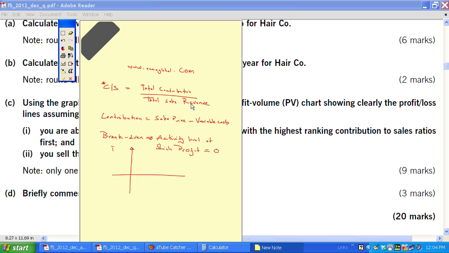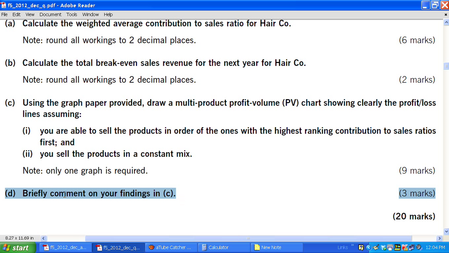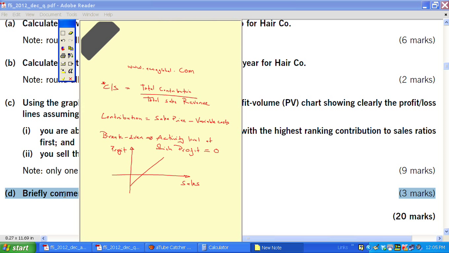On one axis you're going to have profits, then on this side you're going to have your sales, showing the relationship between profit and sales. Then part D, they want us to briefly comment. So you need to say something sensible about your results.